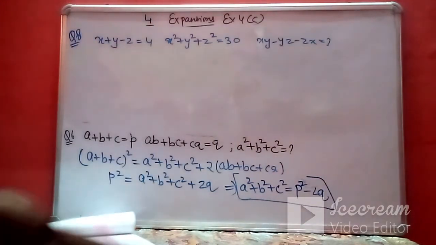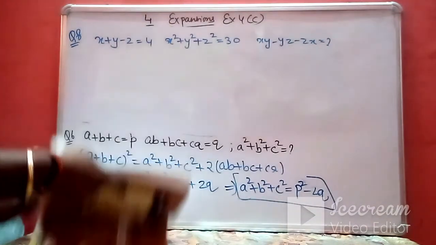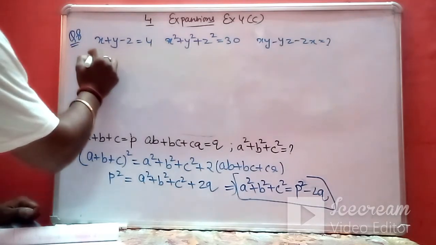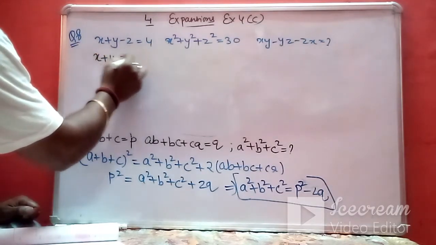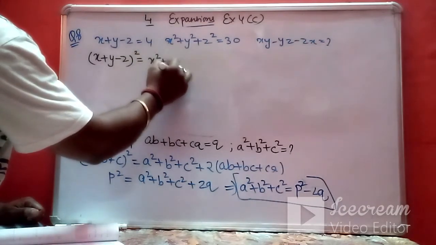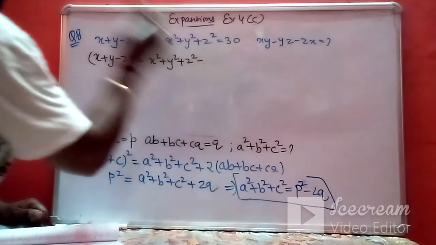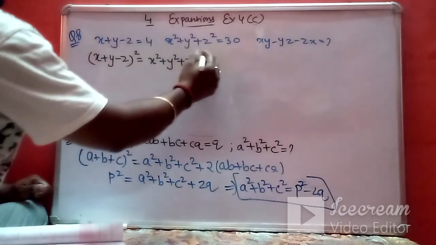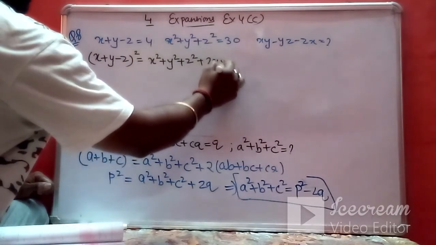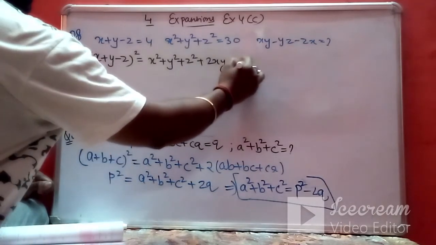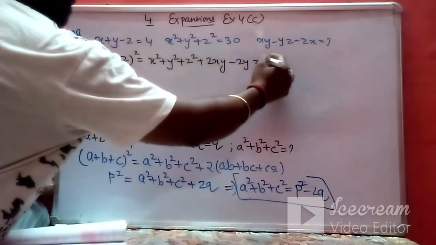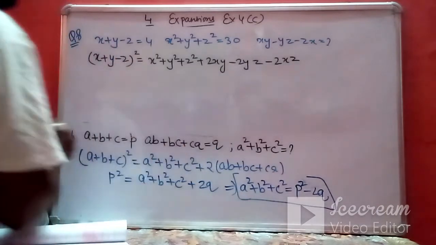So similarly, like we have solved the previous questions, this also we will solve like this only. That is, (x plus y minus z) whole square formula we will write. So it will be x square plus y square plus z square plus 2xy, then minus 2yz, this is plus into minus is minus, then minus into plus is minus 2xz.